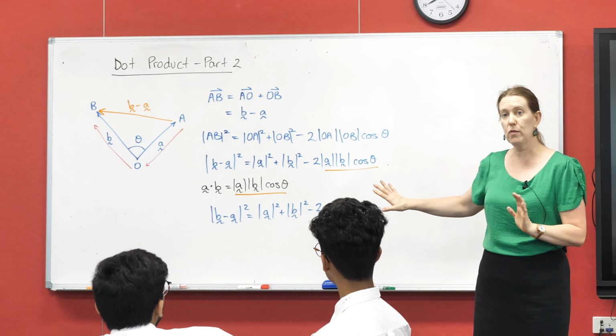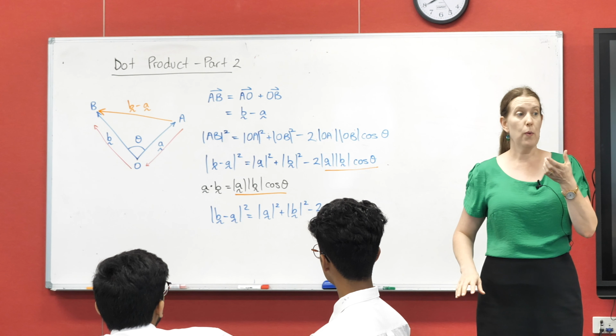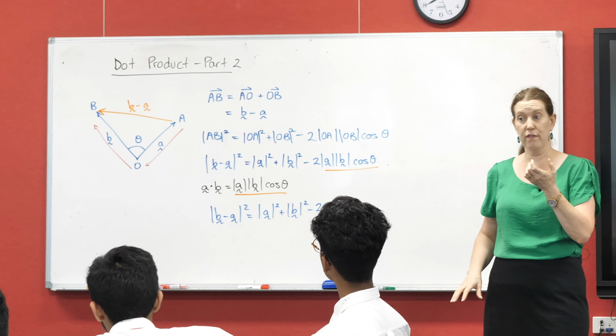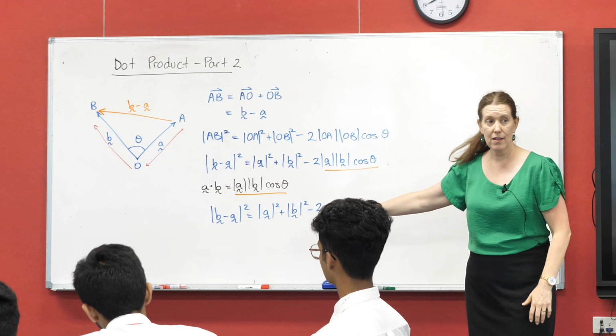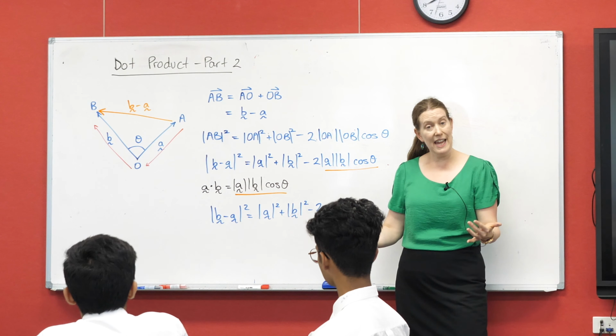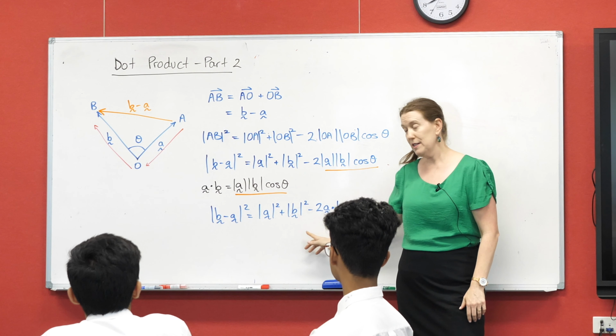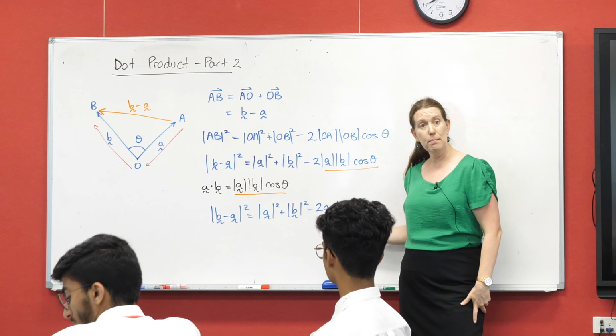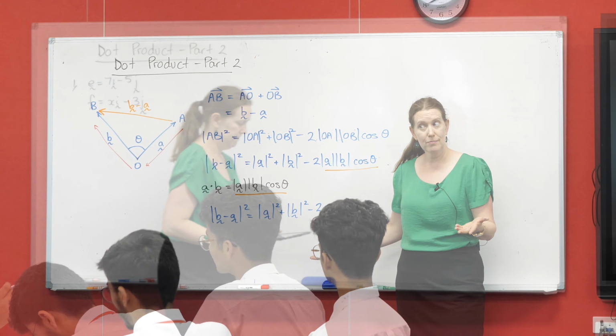What I wanted to make really clear was that you have to be certain that you're talking about a vector or a length. And here, even though I have vectors in here, they are all lengths because they're all absolute values, and this is a scalar because it's a scalar product.